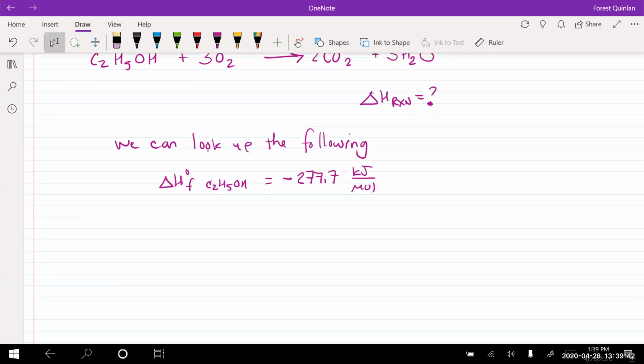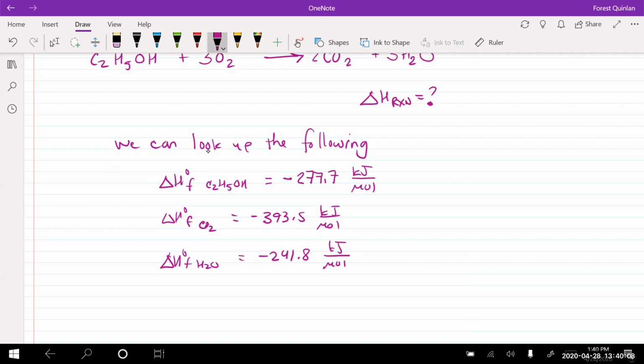I'm going to look up the delta H naught of formation of CO2, and that is negative 393.5 kilojoules per mole. I'll look up the delta H naught of formation of water, and that's negative 241.8 kilojoules per mole. And I will just remind ourselves that the delta H naught of formation of oxygen is nothing, right? You can't form an element from an element. It just doesn't make sense.